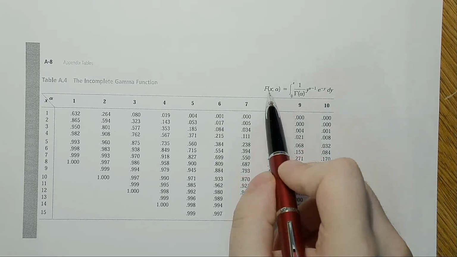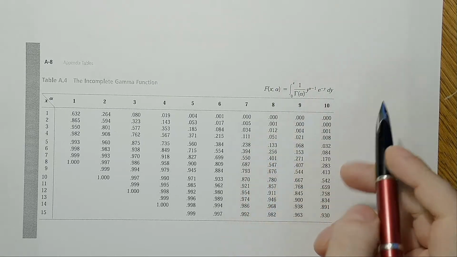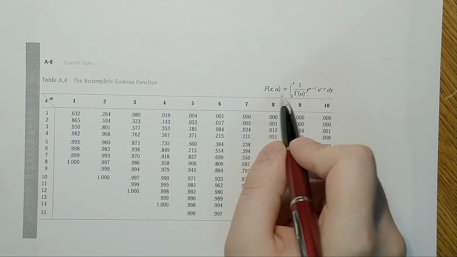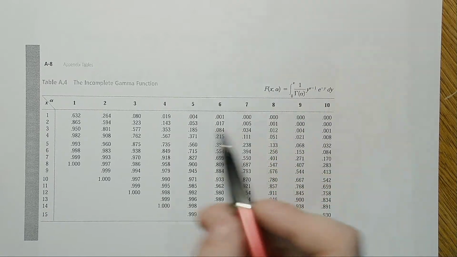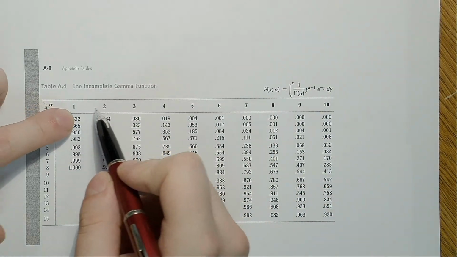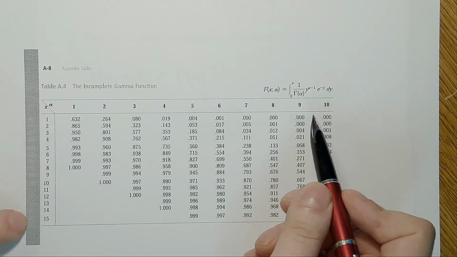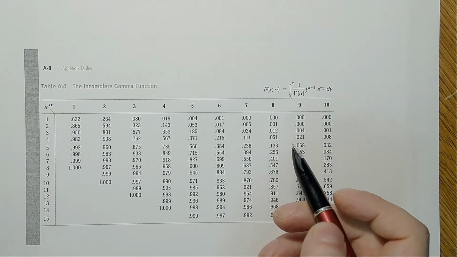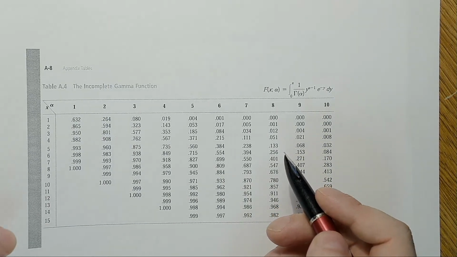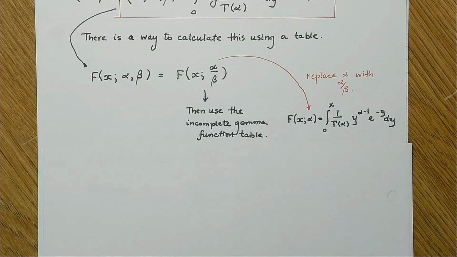So there is our standard gamma distribution, where the beta is 1. And so there's our formula. And you can look up the alphas for 1, 2, 3, all the way up to 10, and x from 1 to 5. So it's a very small table, but for our purposes, it will help us to demonstrate some of the calculations that we'll do.